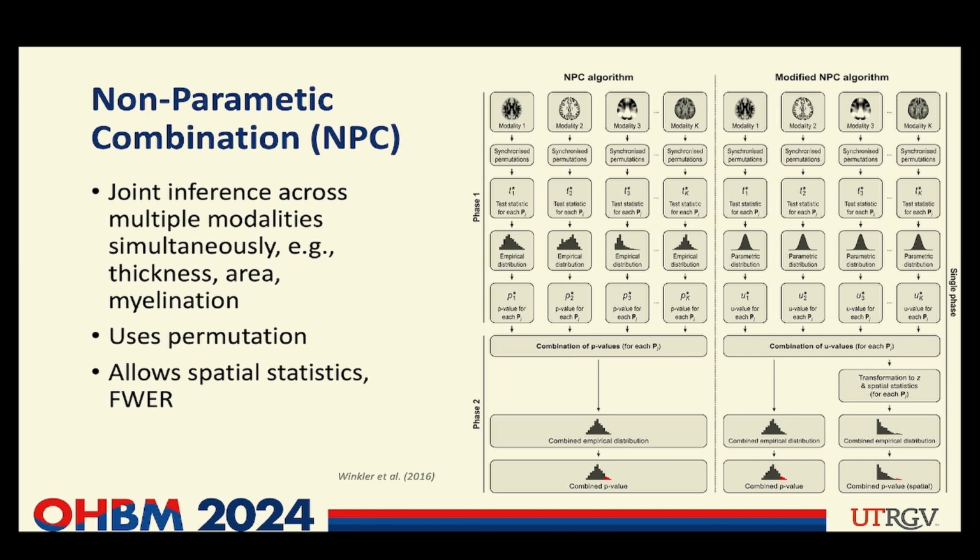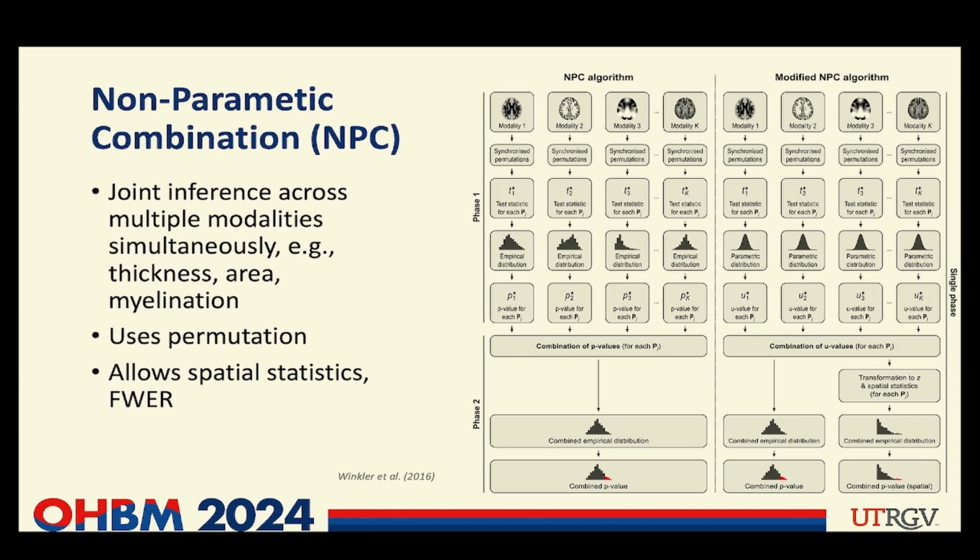You do the permutations in sync, and then you build the empirical distribution. Now, of course, because they are different modalities, the null distribution may be different for each of them. And then for each of them, you're going to get the p-value. But don't just calculate the p-value for the unpermuted data. Compute the p-value for every one of your permutations, which essentially means compute the cumulative distribution function, the CDF.